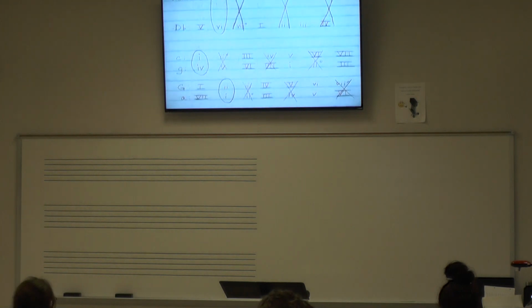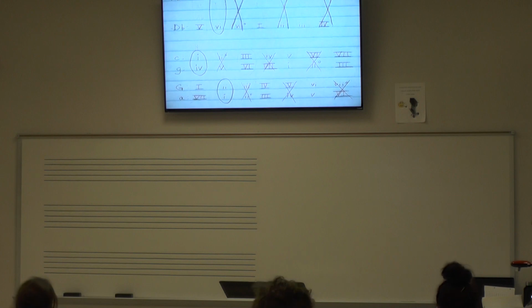The next group of keys was G major modulated to A minor. Again, three columns crossed out, four columns left open or alone, and one of those is circled. I circled the two chord in G major, which would function as a one in A minor. That seems to be a rather smooth pivot chord.